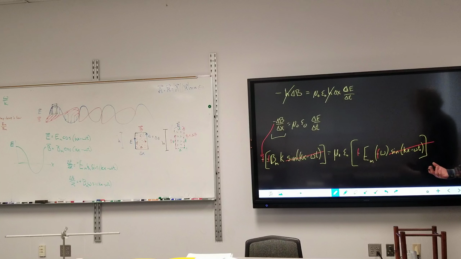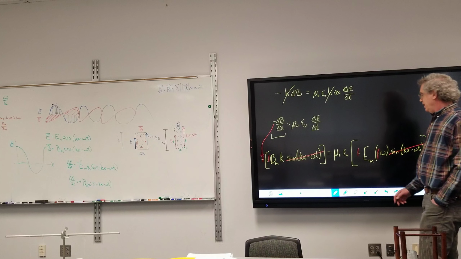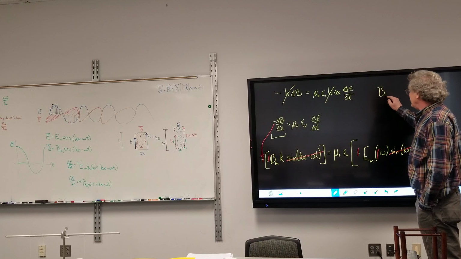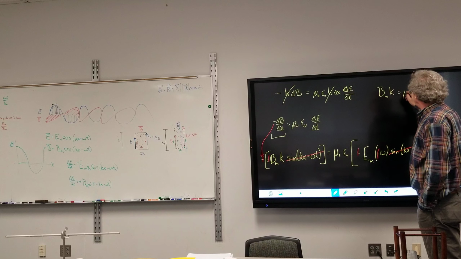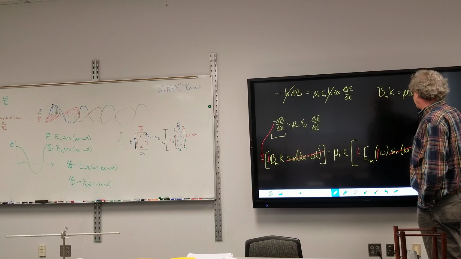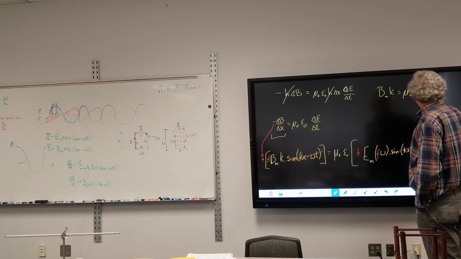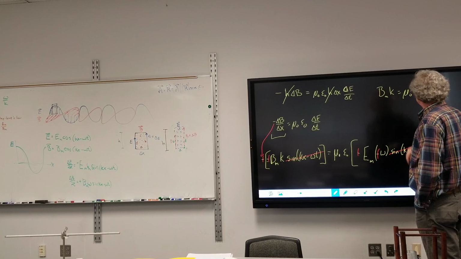If they're equal to each other at all times, then the coefficient of sine must be equal to each other. For practical reasons, I'm just going to say they cancel out. And I am left with the nice little equation: B_m k equals mu sub naught, epsilon sub naught, E_m omega.